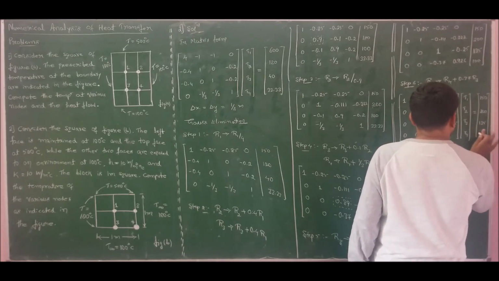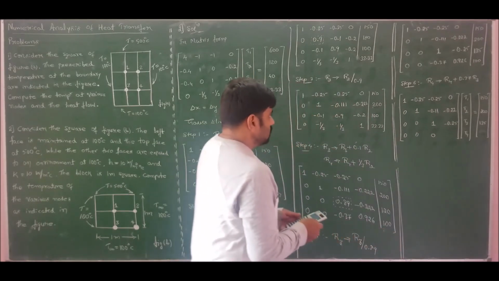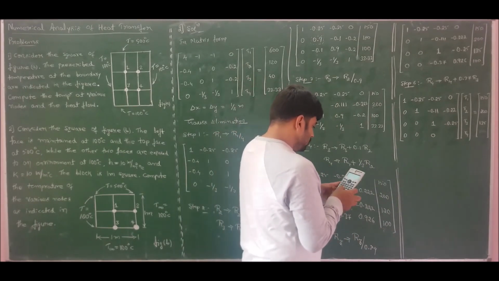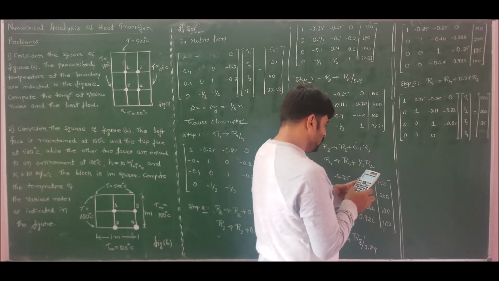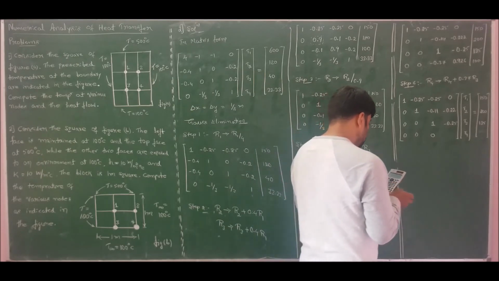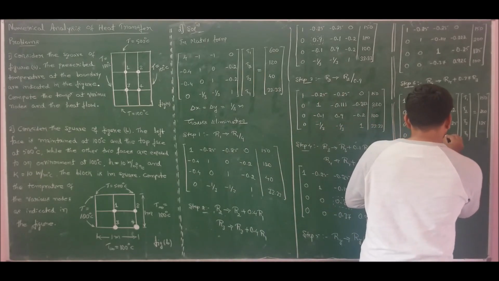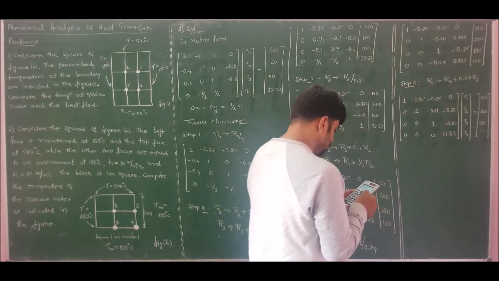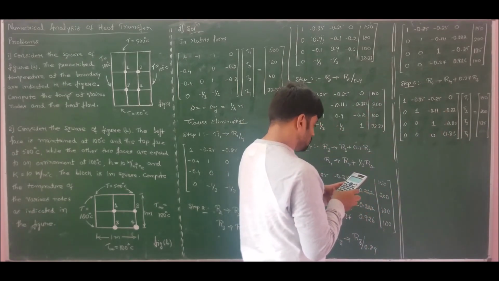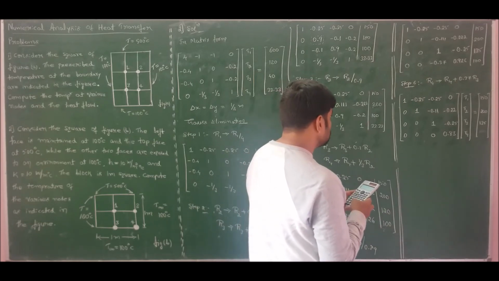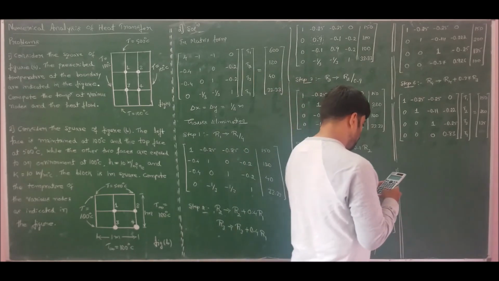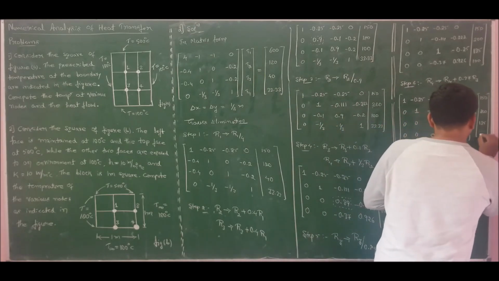So if I calculate the value, we have 0.926 plus 0.37 into minus 0.25, which is nothing but 0.83. Next we have 100 plus 0.37 into 135, which is 150.